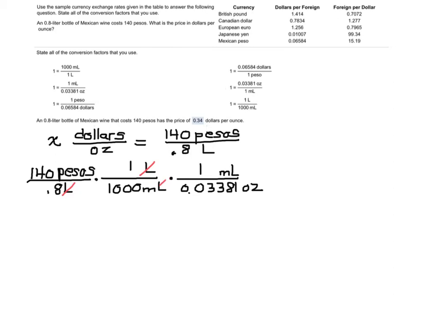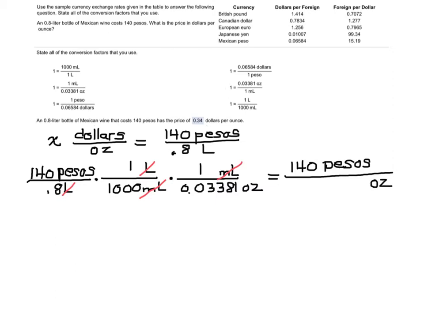And now my milliliters cancel out, and I'm left with the units of pesos in the numerator and ounces in the denominator. That's what I want. So this is equal to, in the numerator, 140 times 1 times 1, so that stays 140 pesos. And in the denominator, this is going to be ounces.